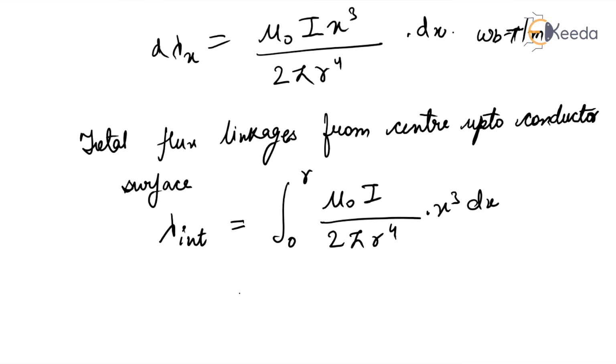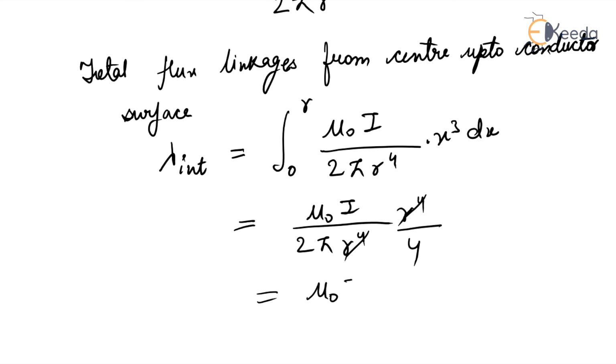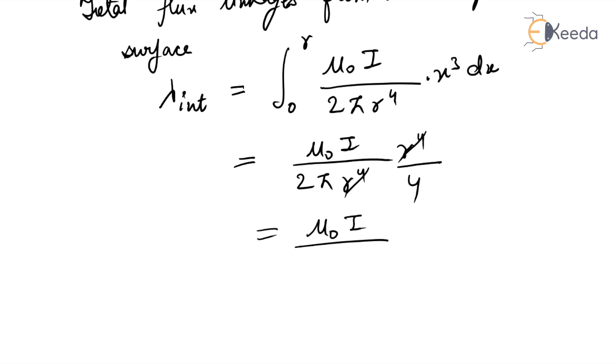So this is equal to, putting the limit, mu naught I upon 2 pi R to the 4 times R to the 4 by 4. This R to the 4 cancels out. So this is equal to mu naught I upon 8 pi Weber turn per meter.